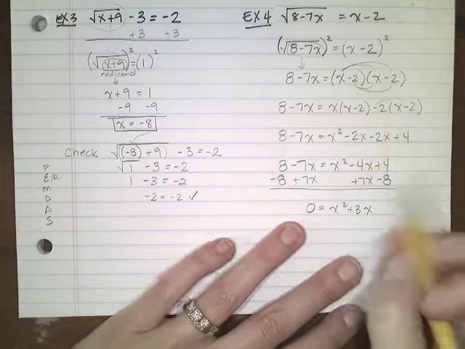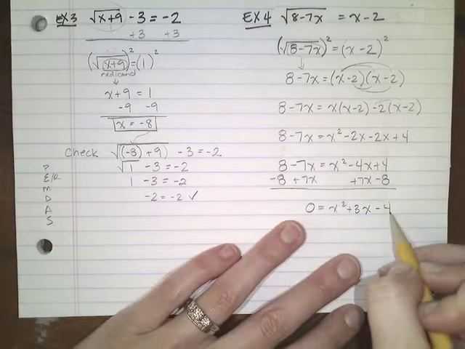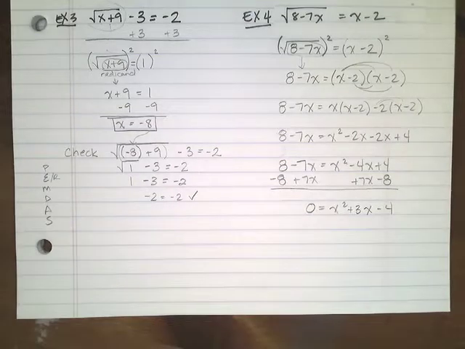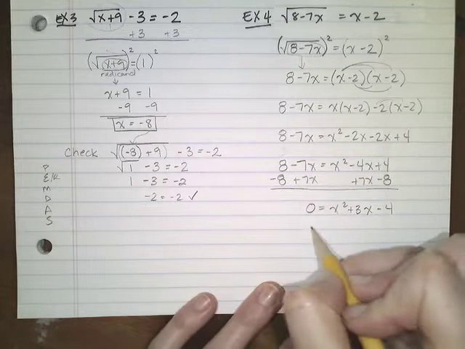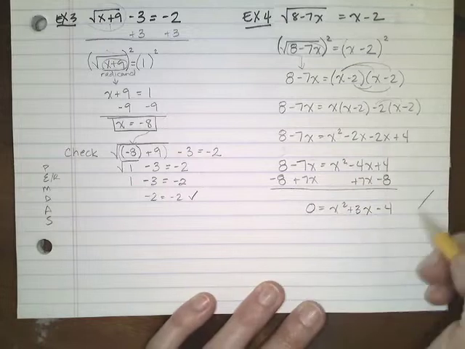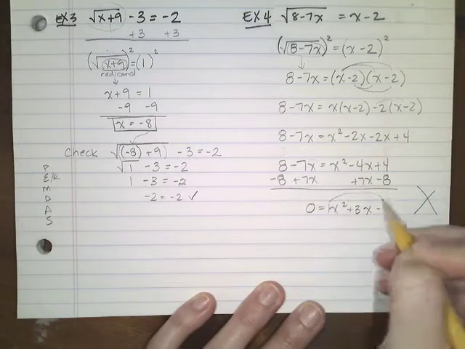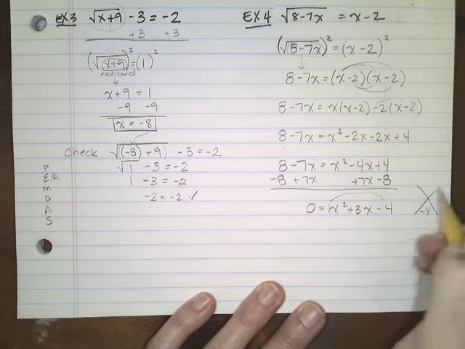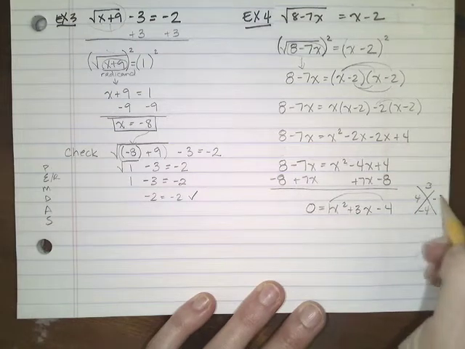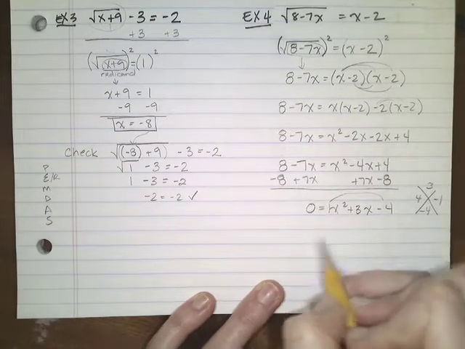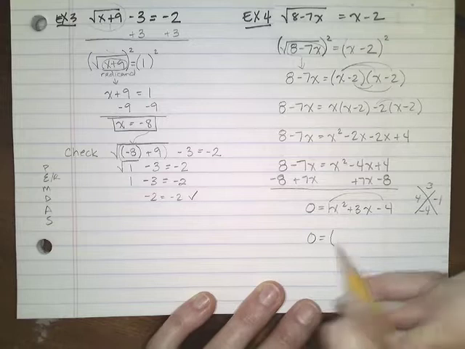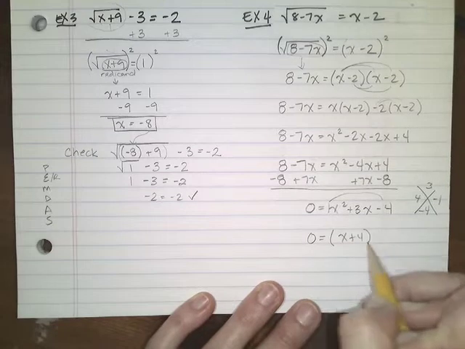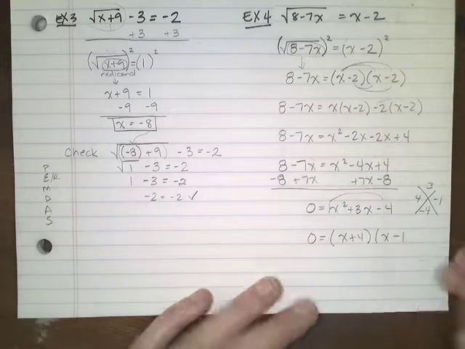And 4 minus 8 is negative 4. Now, we can go ahead and factor this, right? Two things that multiply together to give me negative 4, but add to give me 3. Well, that's 4 and negative 1. So here, 0 equals x plus 4, x minus 1.